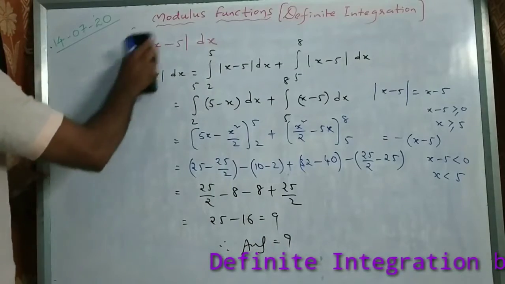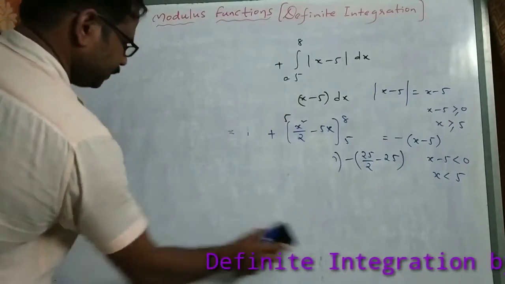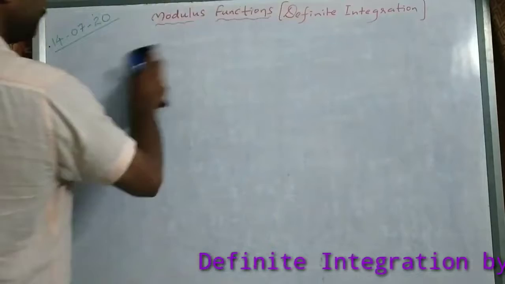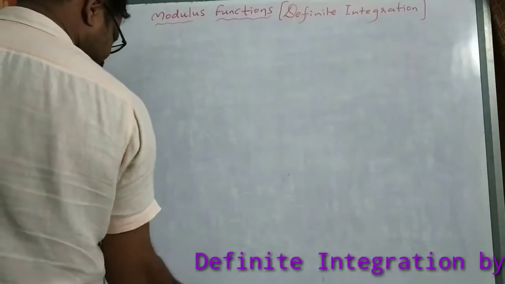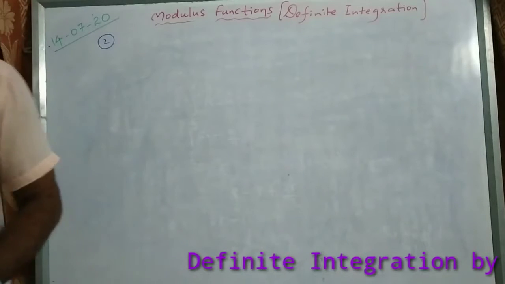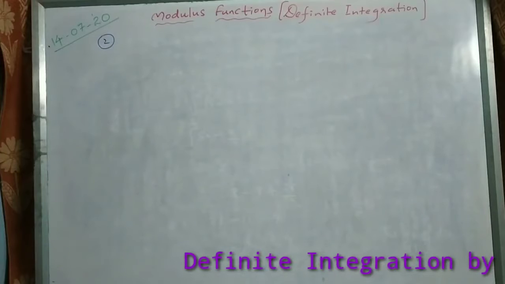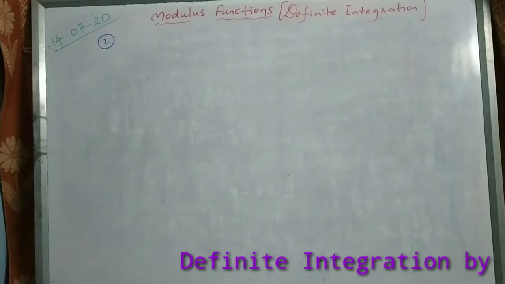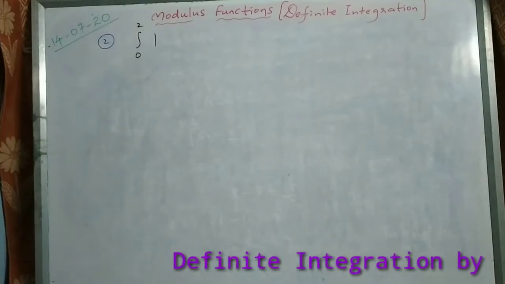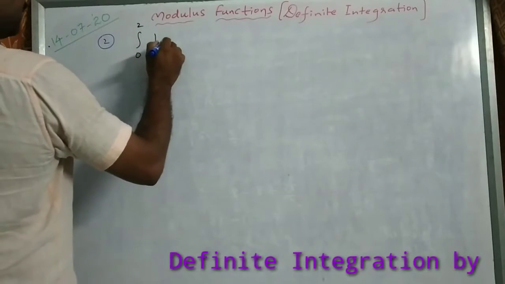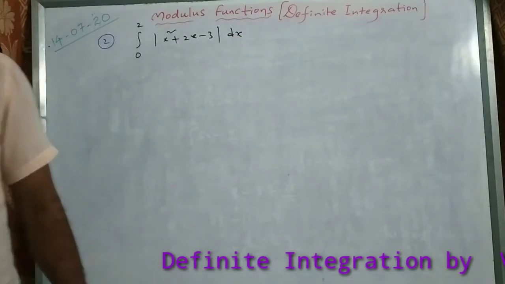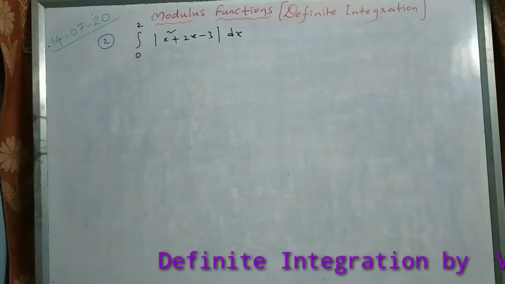Let us see one more problem. Second question: integral 0 to 2 modulus x square plus 2x minus 3 dx.